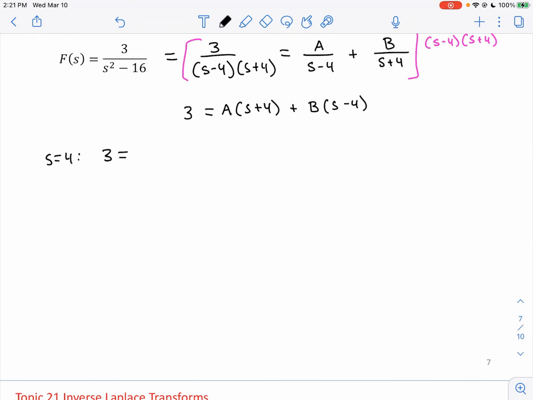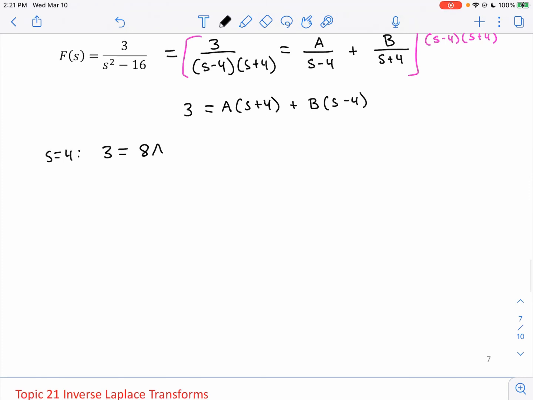We get 3 is equal to, and we have A times 4 plus 4, so we have 8A, and the B is gone. So this allows me to find A rather quickly. And now I'm going to choose s to be negative 4, because that'll cancel the A but not cancel the B. And this produces the statement 3 is equal to negative 8B. So together, these tell me that A needs to be 3/8, and B needs to be negative 3/8.